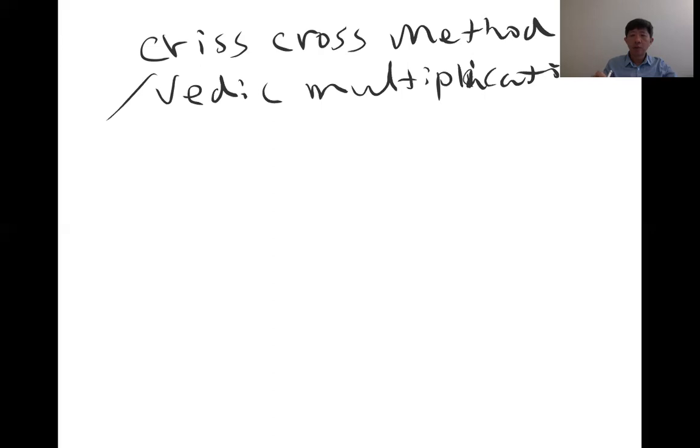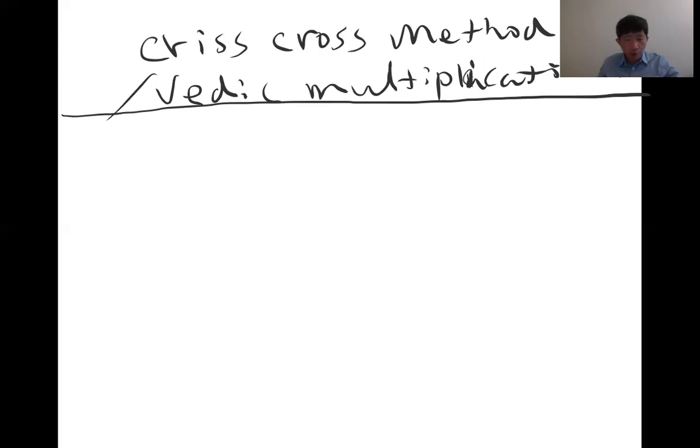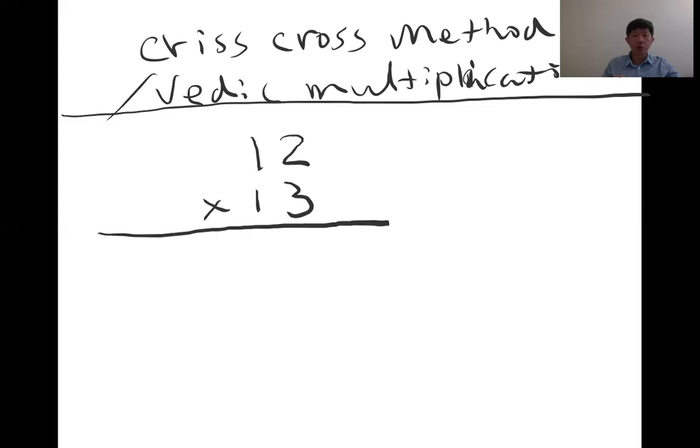Okay. So now we can say either it is the crisscross method or Vedic multiplication. All right. So now, let's say we want to do 12 times 13 with the crisscross method. Now, in the crisscross method, in the beginning, you will create the dots like this.